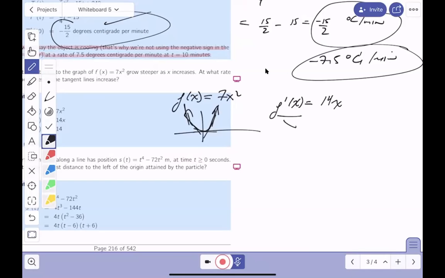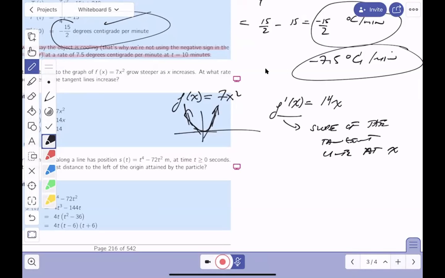So this here represents the slope of the tangent line at some value of x. All right, for the slope of the tangent line at a given point.